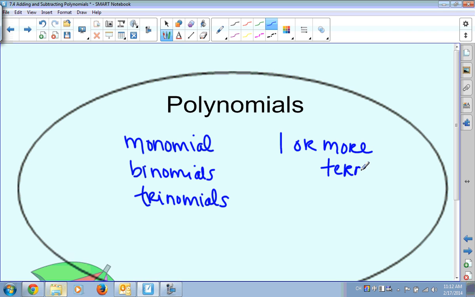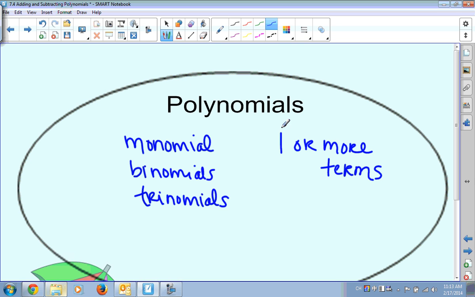That's the broad term. So if I were to say dogs, cats, and horses, what would be the broad term for dogs, cats, and horses? Animals. Okay, so same thing with polynomials. Or you could say mammals if you really want to be technical. Polynomials is just the broad term. One or more terms. Okay?